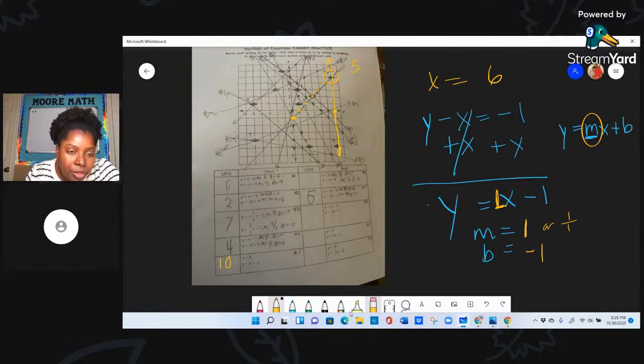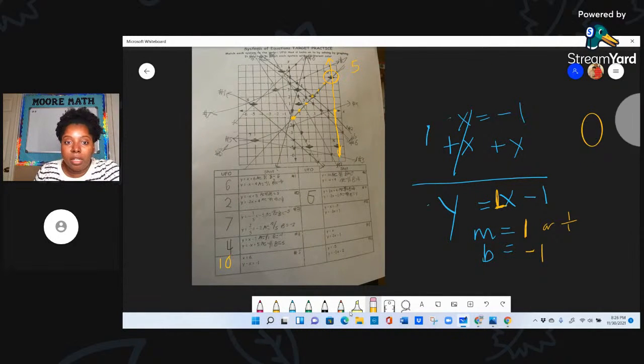For number 2 right here, I can't really see your B. What does that say? I mean, your M. B looks good, but I can't read what the M says. -1 over, I mean, yeah, -1 over 1. Okay, good. Okay, so now let's do, based on what we did here, I want you to try number 8.